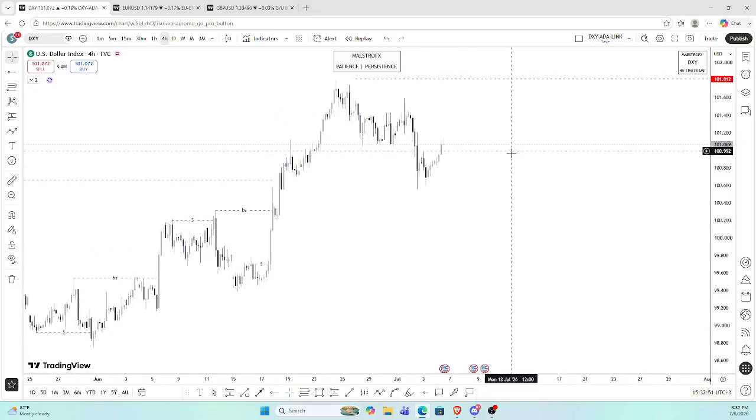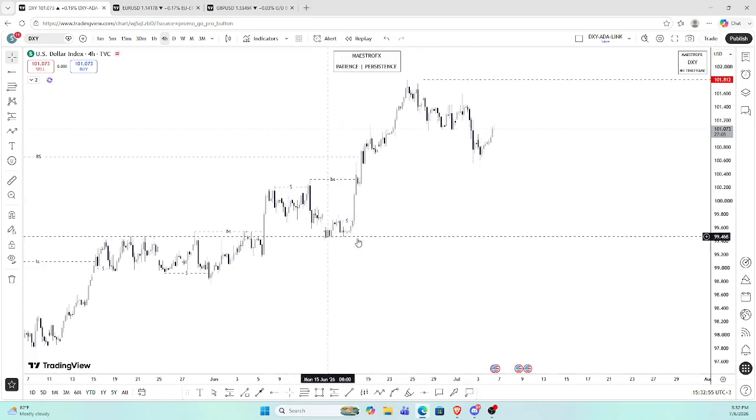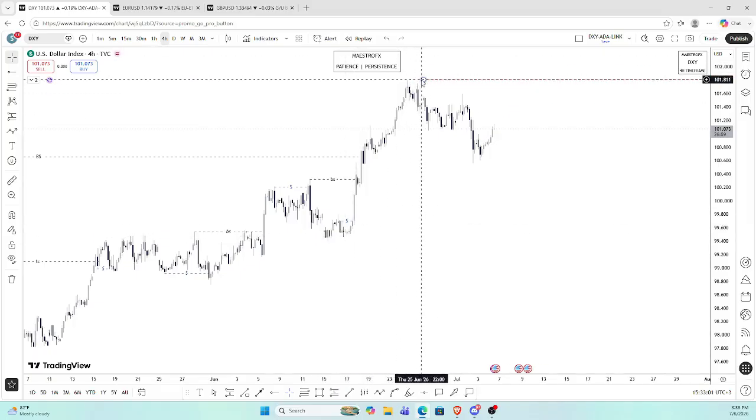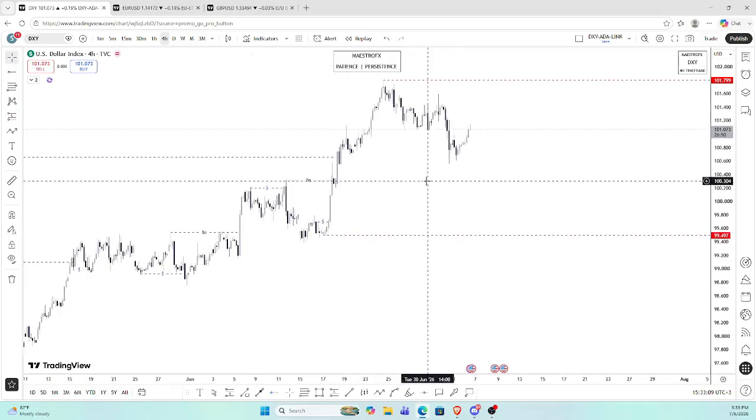You can see that this is the last bullish swing or the swing low, which printed this swing high, okay? So we are currently tracing this bullish swing, okay?